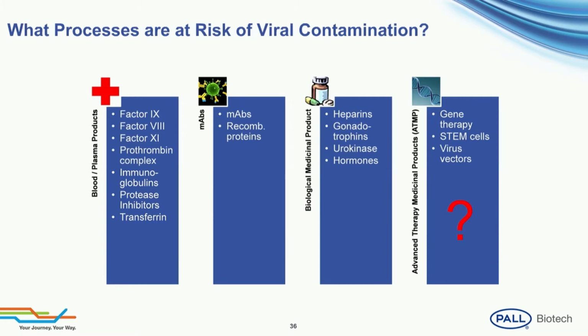For example, blood or plasma products like factor VIII, IX, immunoglobulins, transferrin, etc., monoclonal antibodies and recombinant proteins, biological medicinal products like heparin, urokinase, hormones, etc., and advanced therapy medicinal products, also called ATMPs, like gene therapy and viral vectors. So these present a new challenge for virus safety. As of now, the guidance documents are under development.